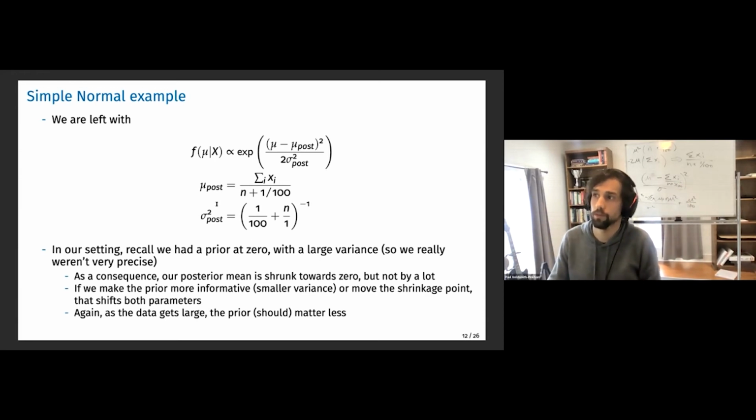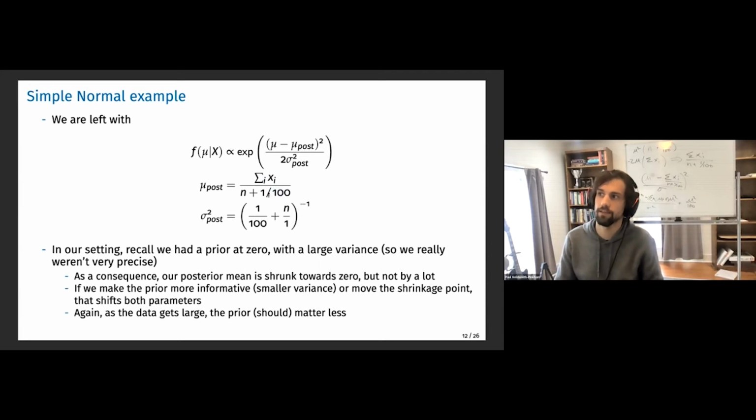And so conceptually, the posterior mean is taking the average, but then shrinking it slightly towards 0 by adding this. Basically, I'm taking a weighted combination as a function of the variances, where I'm down weighting the sample average by my prior of 0.